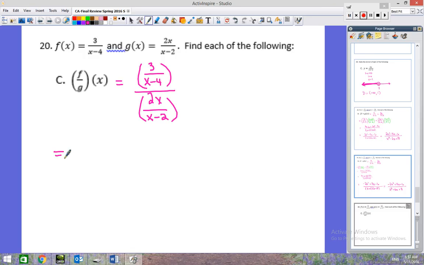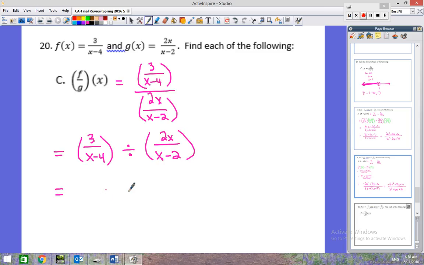If I were doing this, I would not use the fraction bar here. I would write my numerator 3 over x minus 4, and then use this division symbol, rather than that fraction bar, because I think that's the easiest way for students to connect.